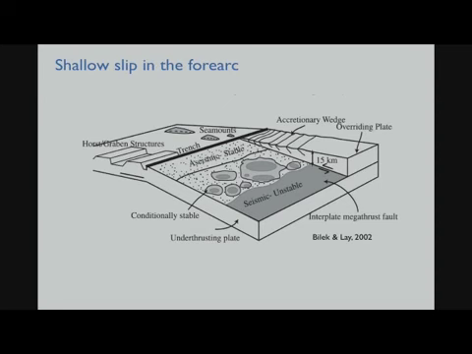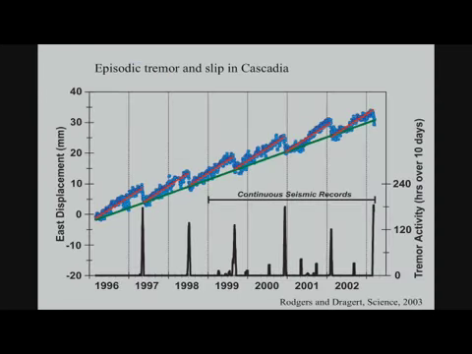Something we've seen only in the last 15, 16 years now is a variety of deformation that is not on traditional seismic scales. Here's a nice example from Rogers and Dragert from Science in 2003, demonstrating that if you are sitting on the overriding plate, you move with the subduction, and then every year or so you move back towards the trench.